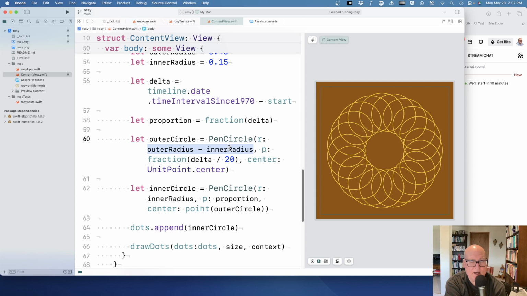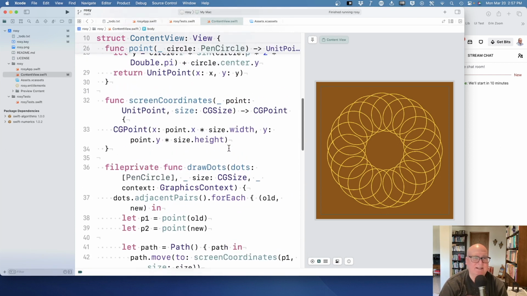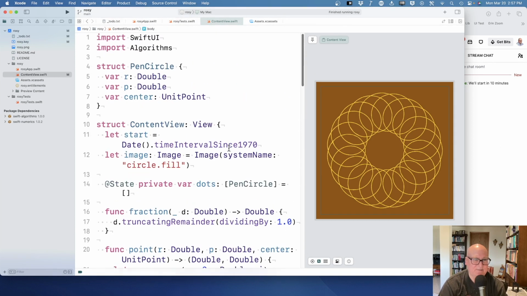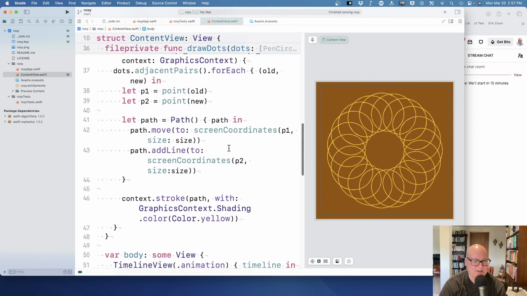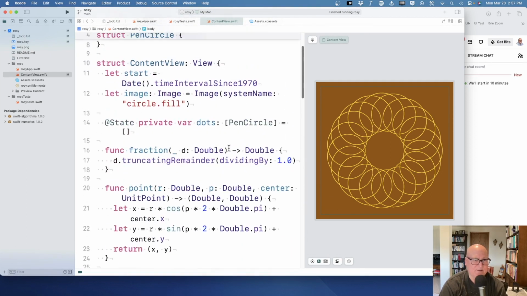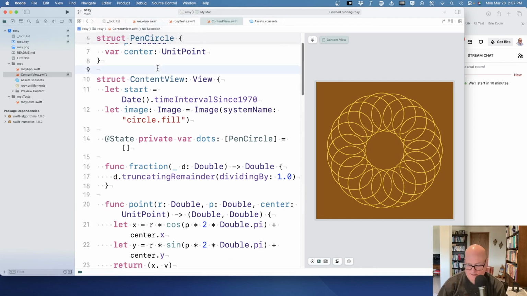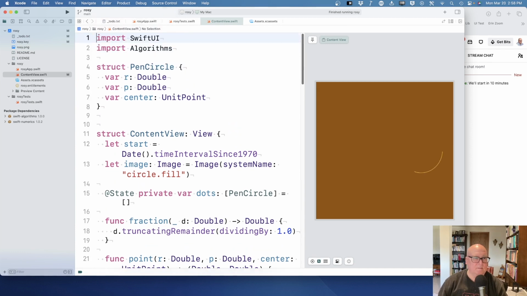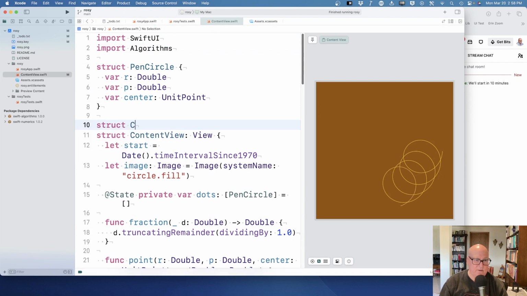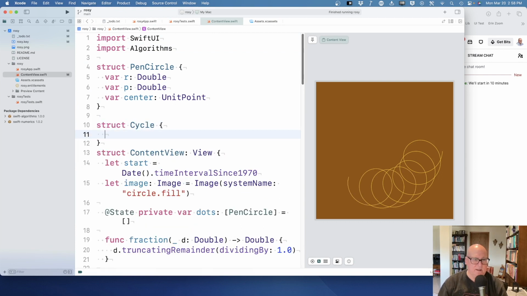So, all right, let's make a structure. Getting a little beyond one object here. All right, well, let's define pen circle. Let's define a cycle. And it's not the pen circle that matters.